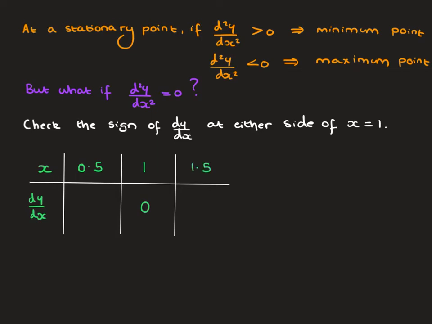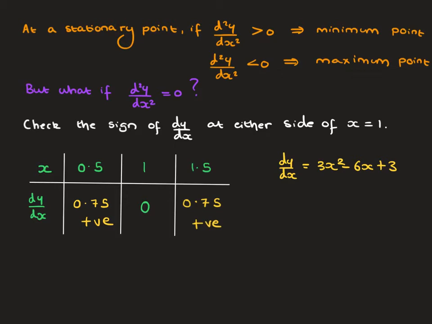Let's substitute into the first derivative, and remember we've worked it out previously, dy by dx is equal to 3x squared minus 6x plus 3. And we find out that dy by dx is 0.75, so positive, when x is equal to 0.5. And when x is equal to 1.5, dy by dx is again 0.75, so still positive.